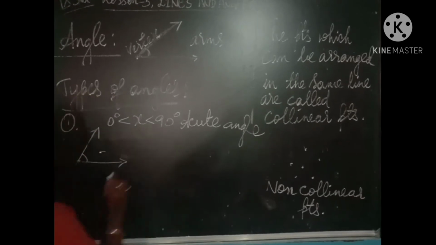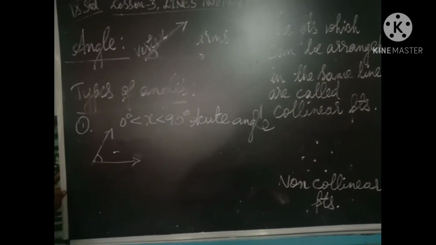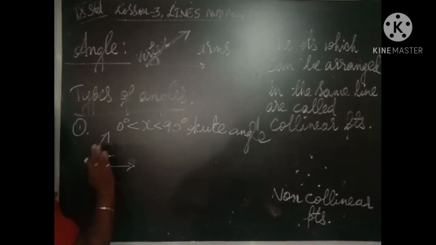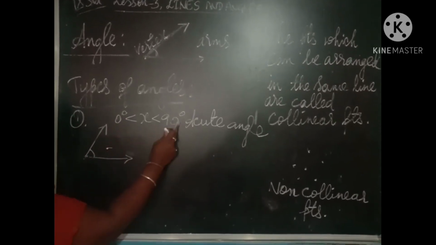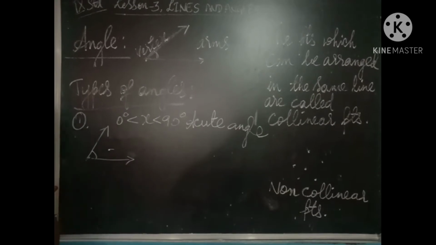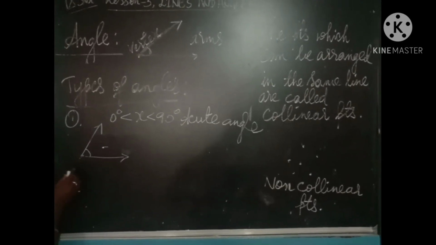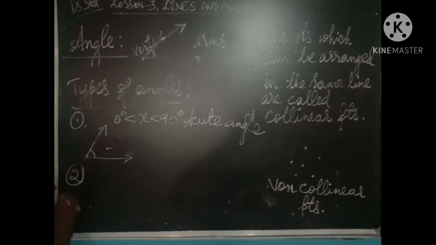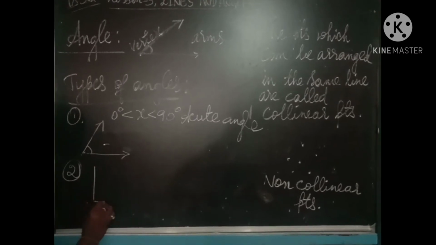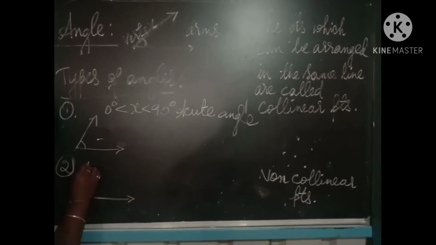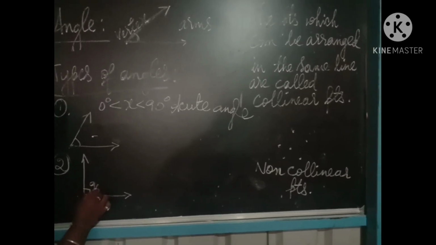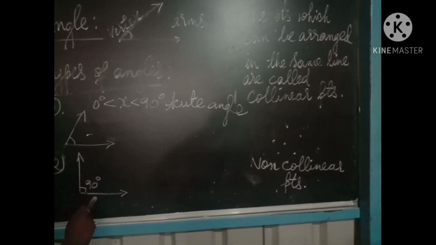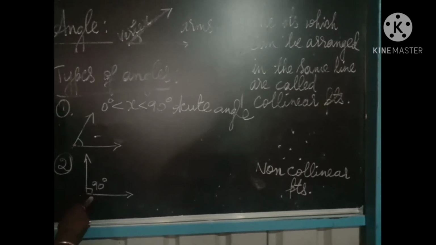The next type of angle: an angle above 0 degree and below 90 degree is called acute angle. Then next, just observe this one. This angle is how much? 90 degree. This angle is called right angle.